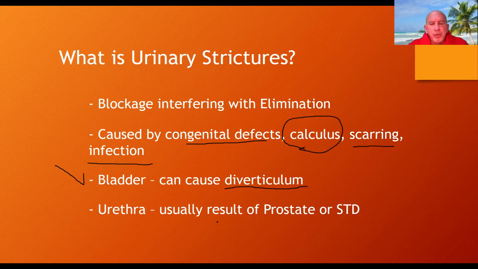And I'm sure all of you have heard of prostate cancer. There is also another disease which is not cancer called benign prostate hyperplasia, BPH, which we will talk about also. And both of these cause that prostate organ to swell. Well, that organ is right next to the male urethra, so it blocks it off. And gentlemen with swollen prostates have a tendency, it's very difficult for them to go to the bathroom. So that is an example of a stricture.